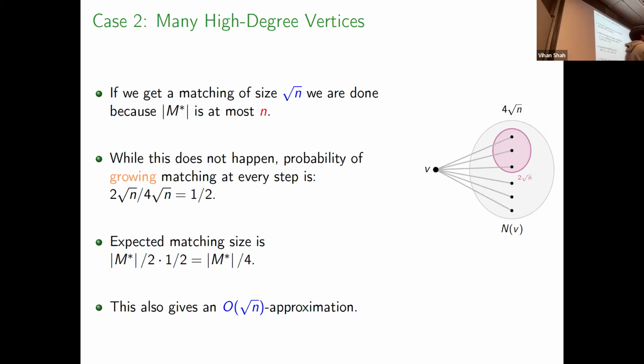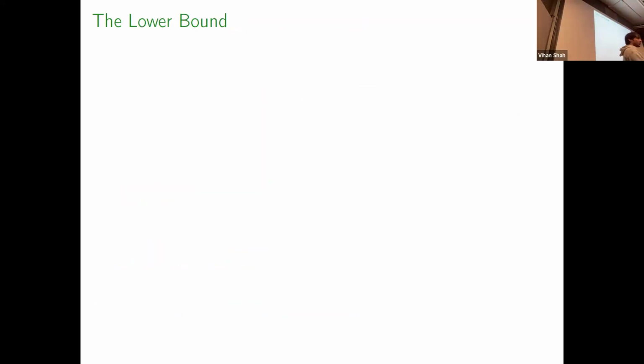Okay. So in both cases, we get a square root approximation and we're done. So this concludes the upper bound. What about the lower bound? So let's talk about that.